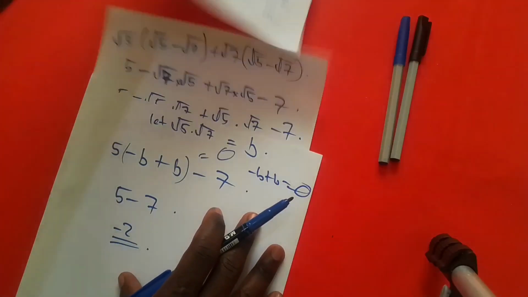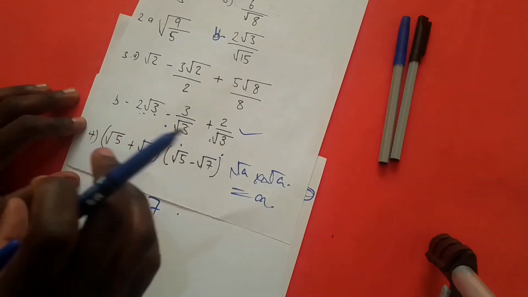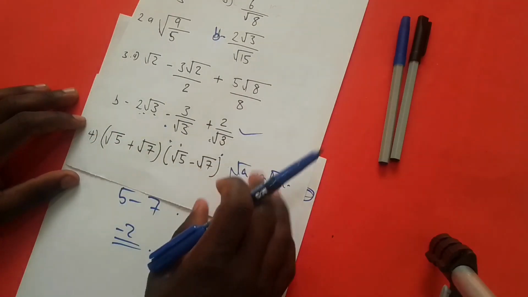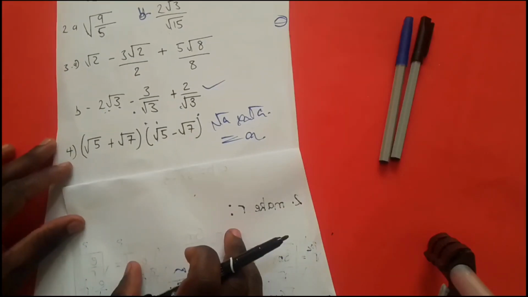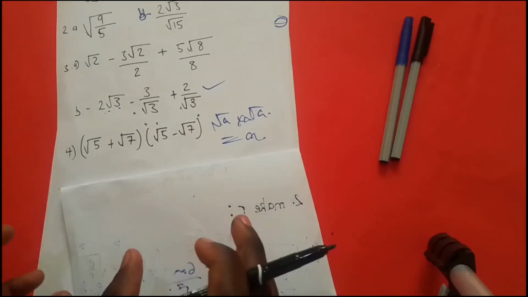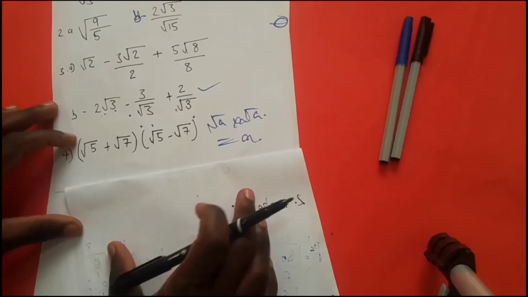So there's another way you can solve this, a much quicker way. Okay, so there's another way you can use to simplify question 4, which is a much shorter one, which is employing the concept of the difference of two squares. That is, if you're familiar with it.